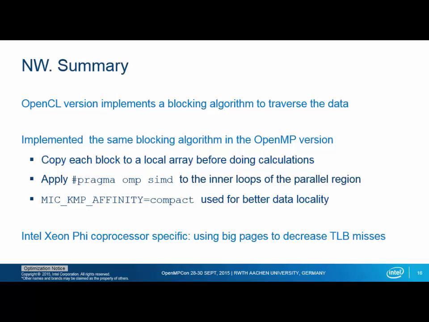On the fourth benchmark, it was also very easy, since we found that again OpenCL implements blocking, while OpenMP was mostly a naive implementation. We just implemented the same blocking, enabled vectorization, and set up affinity and big pages for the Intel Xeon Phi, and got similar performance with OpenMP.